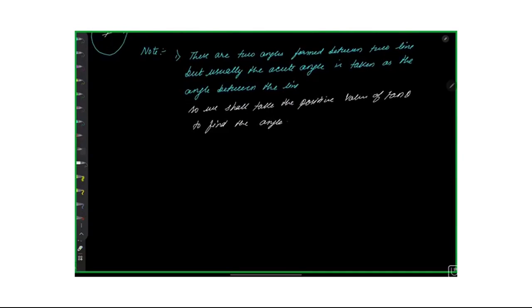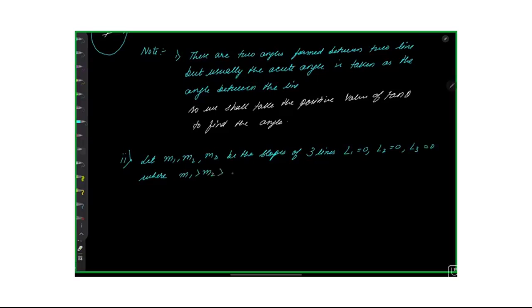Now, let's take an example of three lines which are forming a triangle. Extra information JEE Advanced can ask you. Let m1, m2, m3 be the slopes of three lines L1 equals 0, L2 equals 0, and L3 equals 0, where m1 greater than m2 greater than m3.